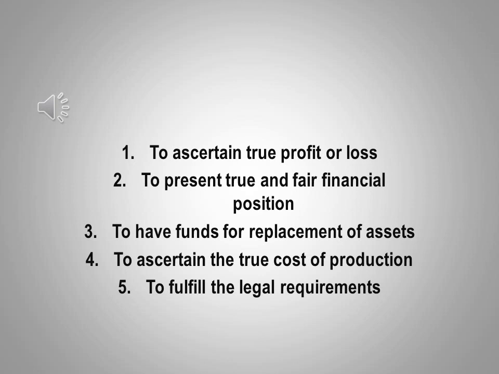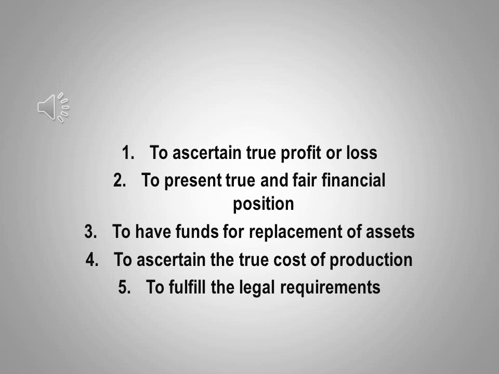The next point we have is to ascertain the true cost of production. So cost of production, children: when we prepare an item, while putting a price on it, we take every factor of production we have used in making this product during that year. For example, if you have used some sort of machine in making the product, we have to include the value of the machine that has gone into preparation of this product.